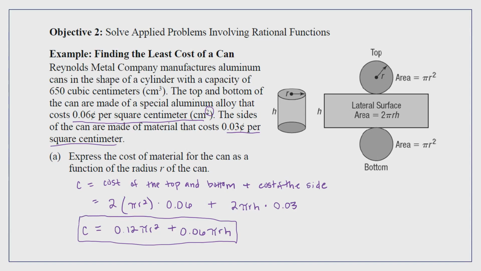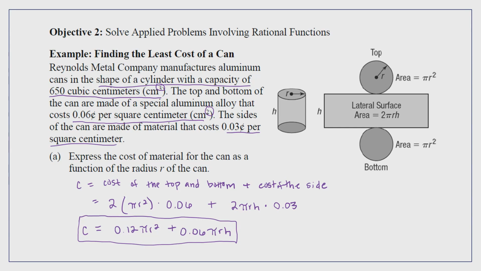But we're not done because our problem also says that there is a capacity. The cylinder has a capacity of 650 cubic centimeters. So that's volume, and there's an additional restriction on h and r: the volume of the can cannot exceed 650.